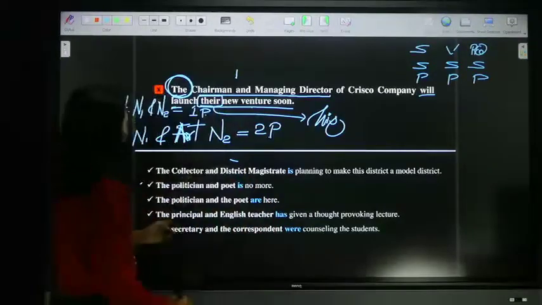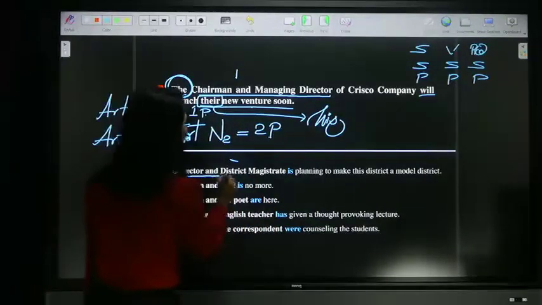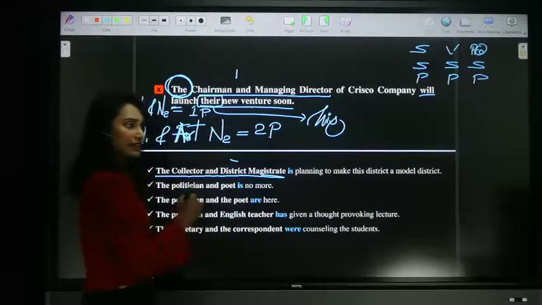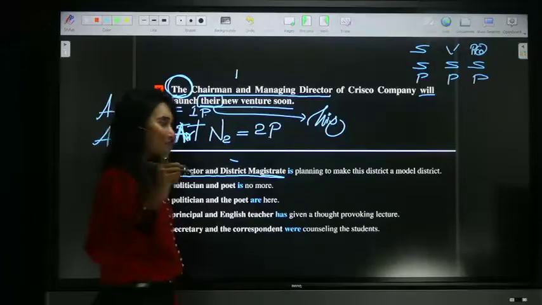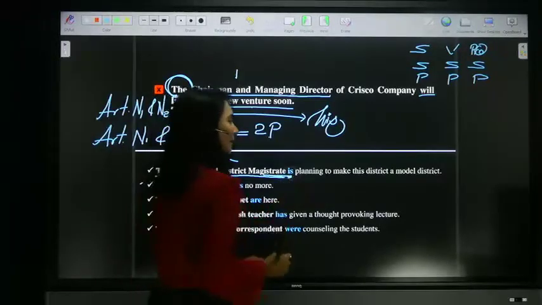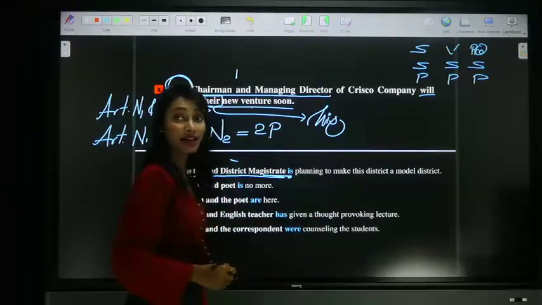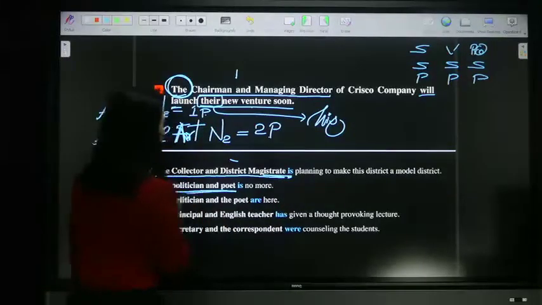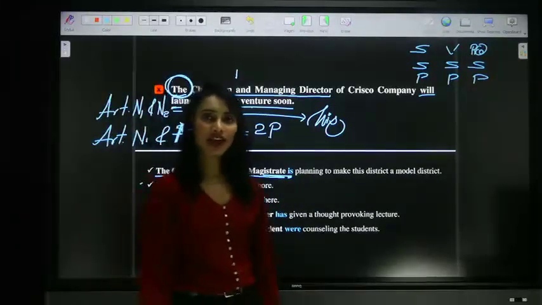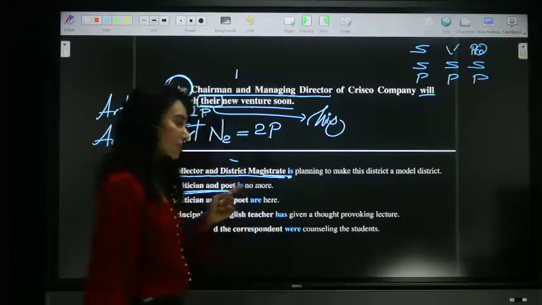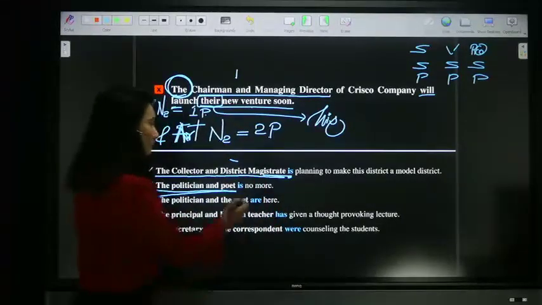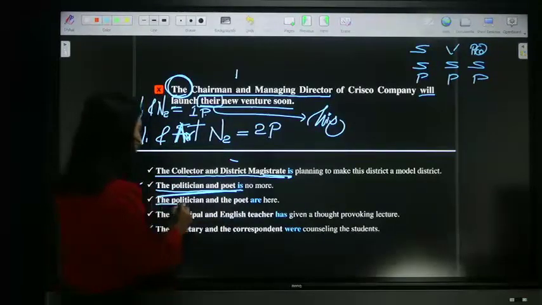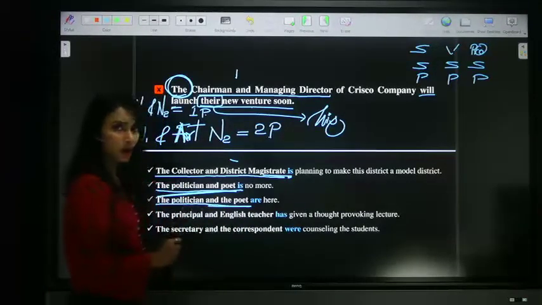Now look at this example. The collector and the district magistrate. How many people? Only one article, so only one person is planning to make this district a model district. The politician and poet. How many persons? Only one person. The politician and the poet. How many people?